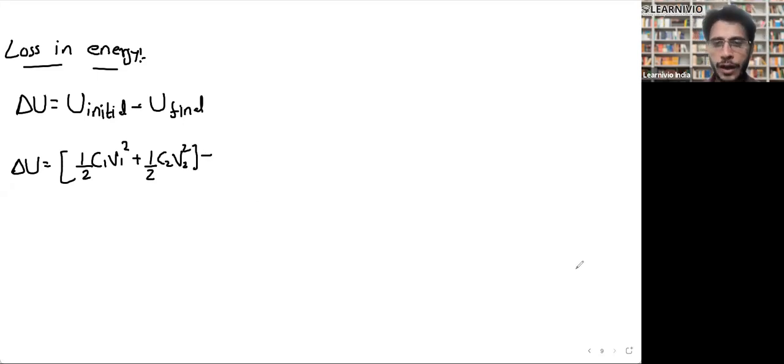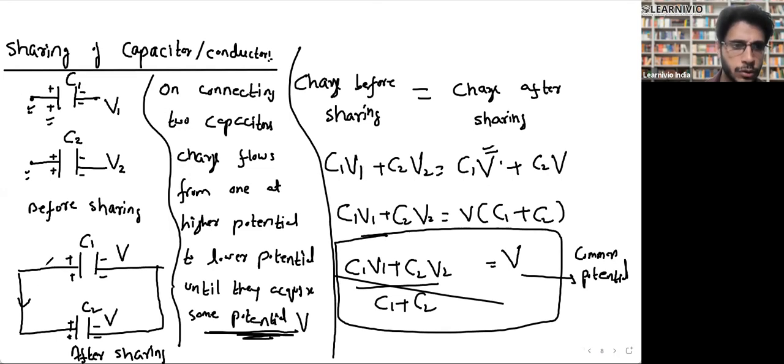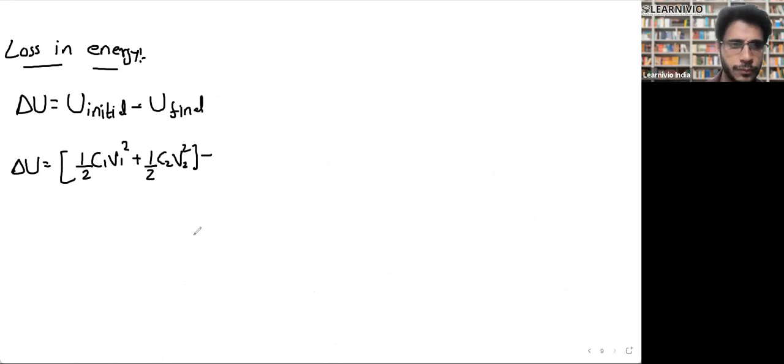When we calculate the final energy, Ahmed, what is the energy stored in this capacitor? Yes, half C1 V square, and in the second capacitor it is half C2 V square.